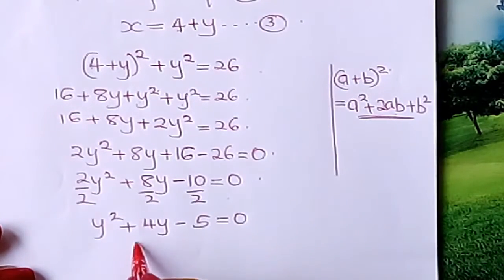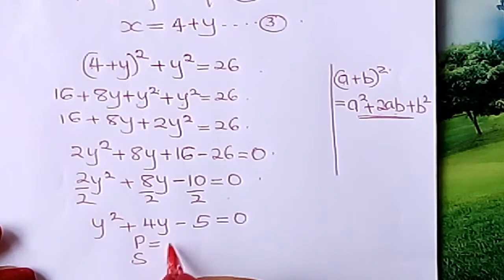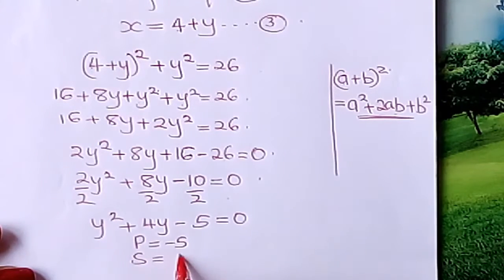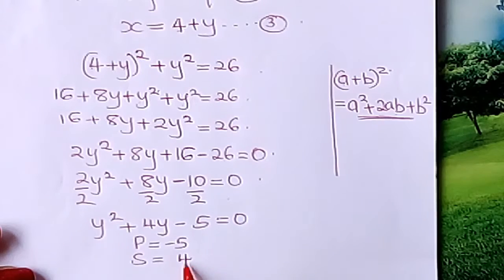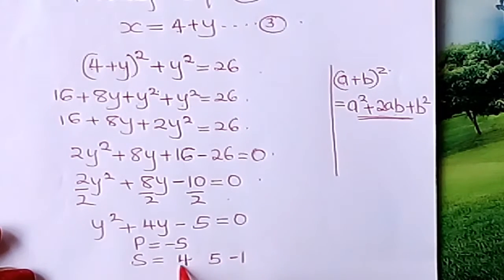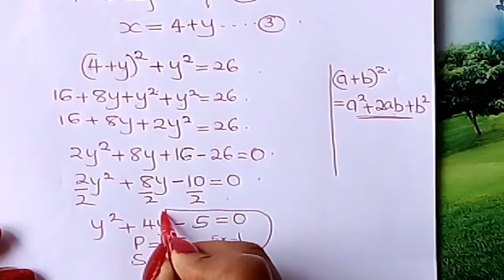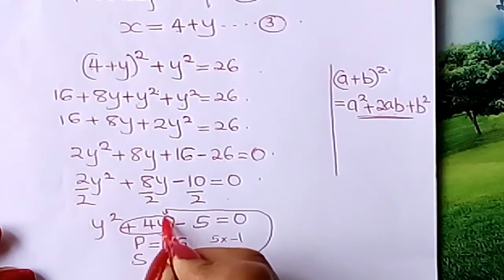Solve this by the factor method, that is product and sum. The product is minus 5. The sum is 4. The numbers that you add to get the sum and multiply to get the product are what? The numbers are 5 and minus 1. 5 times minus 1 will give you minus 5. So take these numbers and substitute them here.